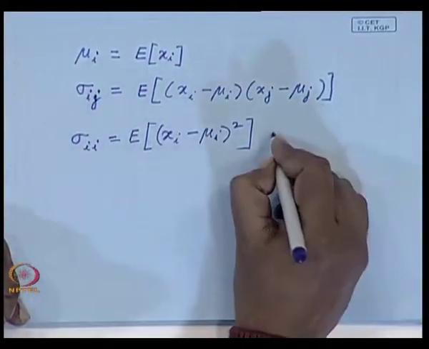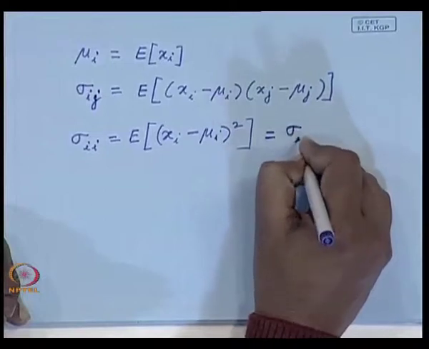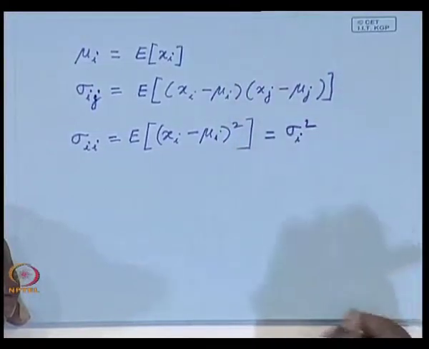And this is nothing but our sigma_i square, which is the variance of the ith component of the feature vector. So, in the covariance matrix, the diagonal elements give you the variance of the individual components of the feature vector, and the off diagonal elements, the ijth element, give you the covariance when I consider the ith component and jth component of the feature vector together.